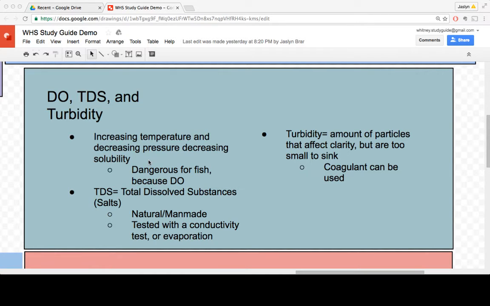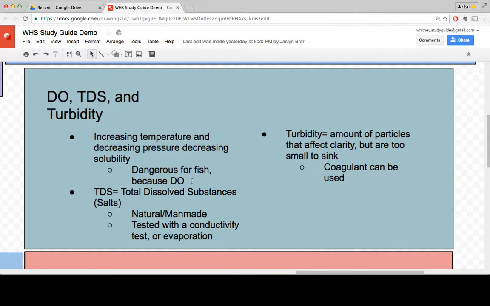But in the factory and fish example that we did in class, simply decreasing temperature doesn't return the dissolved oxygen into the solution. It just returns the ability for oxygen to be put back in. It doesn't necessarily mean that the oxygen levels are the same as they were before you increased the temperature.